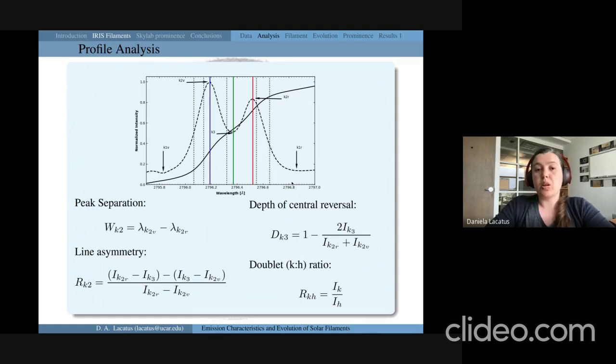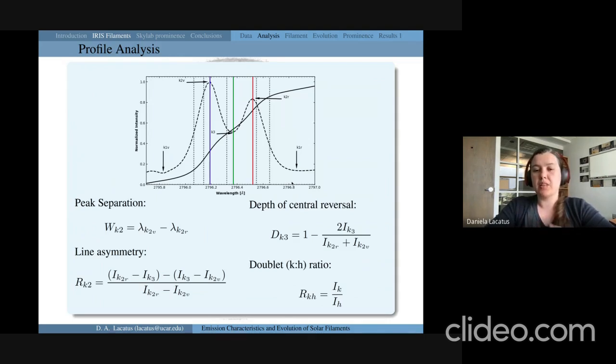We can also look at the details of the profile, and this will give us much more information about the formation height of those particular features within the profile. For this, I have a very simple algorithm that identifies the different profile features based on a quartile analysis.